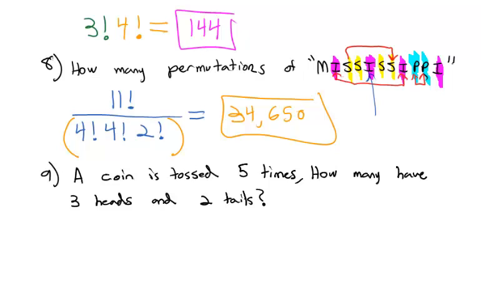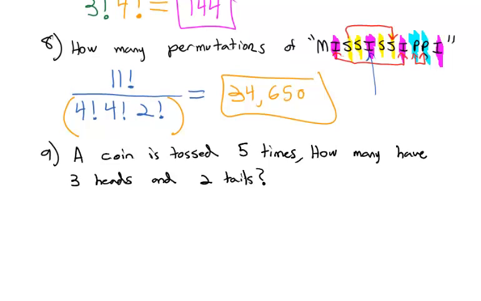Couple ways we could do this. But let's try and do it with this Mississippi style problem. It's tossed 5 times, so there are 5 factorial different options. The problem is we want to get rid of the repeats. For example, we want 3 heads, heads, heads, heads, and 2 tails, tails, tails.